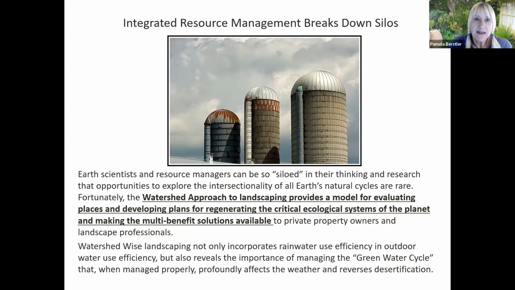When we talk about land management, landscape management, so many of the functions in a landscape are such an integrated system, yet the regulation of it, the practitioners for various services encompassed in landscaping, the scientists who study landscaping or land management, and the managers of resources, water agencies, soil agencies, etc., are completely siloed from each other.